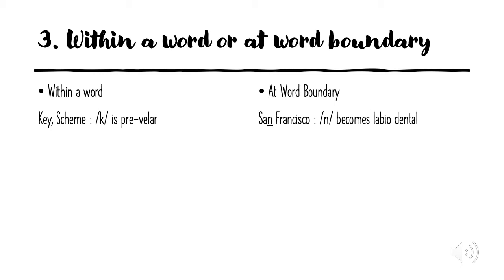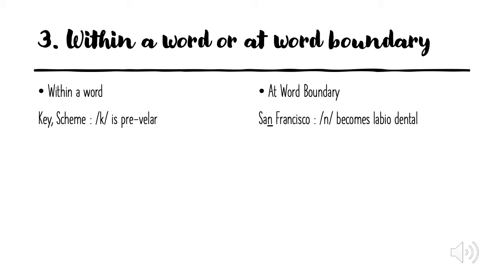Here's another example. The K sound, for example, in a word like "key" or "scheme." The K sound here changes under the influence of the E sound, and K is not a fully velar sound as it normally is by itself, and it becomes more of a pre-velar sound under the influence of the E vowel sound that comes after it.